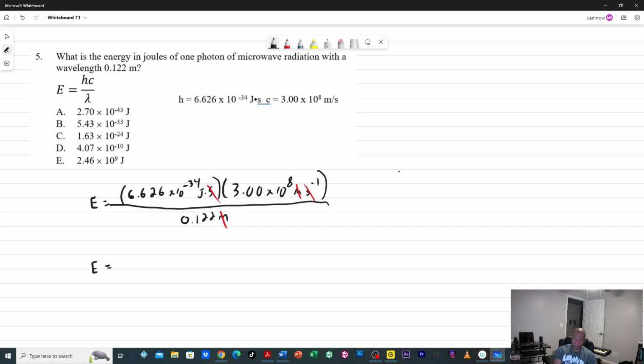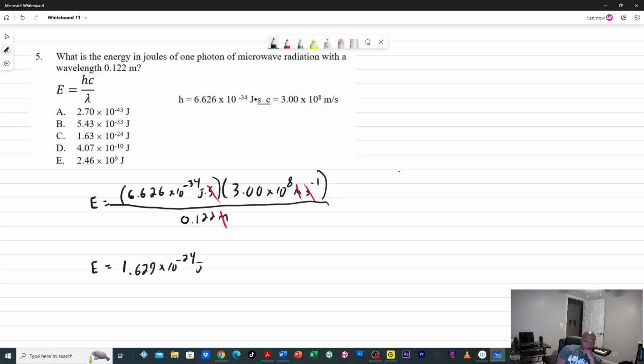So 6.626 times 10 to the negative 34 times 3 times 10 to the 8 divided into 0.122. You end up getting 1.629 times 10 to the negative 24 joules.